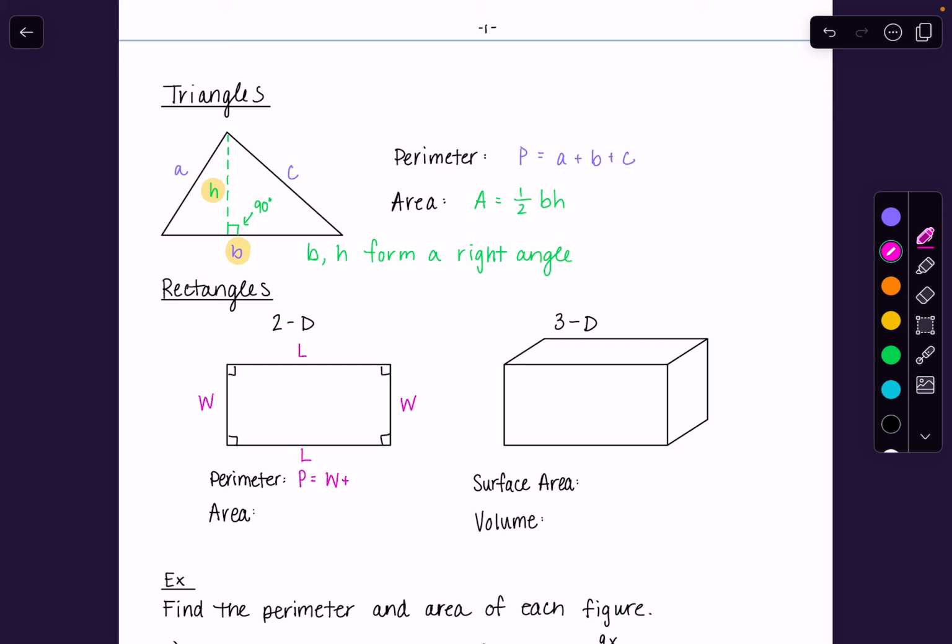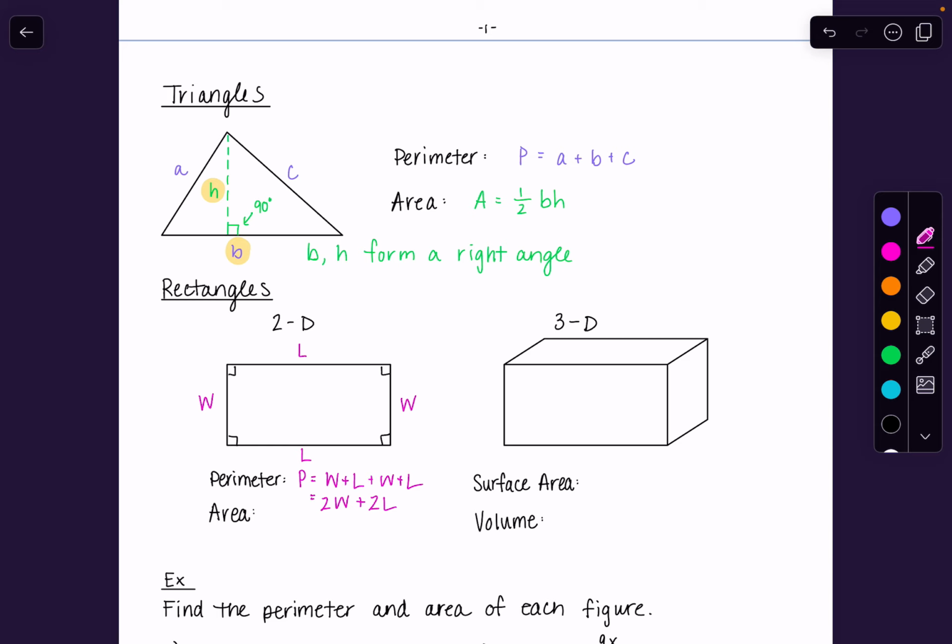So W plus L plus W plus L. If I were to start here and walk all the way around, that's the distance I would travel. So you can condense it a little bit because you have two sides of length W and then two sides of length L.